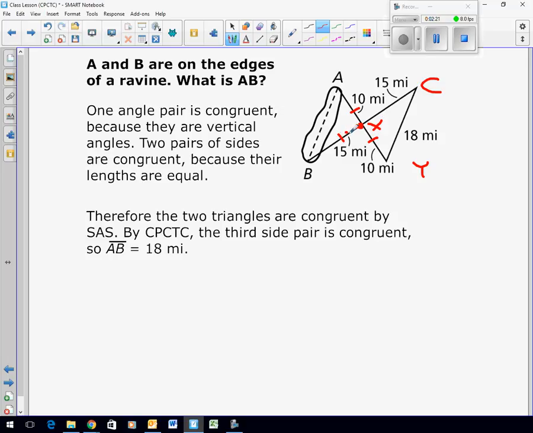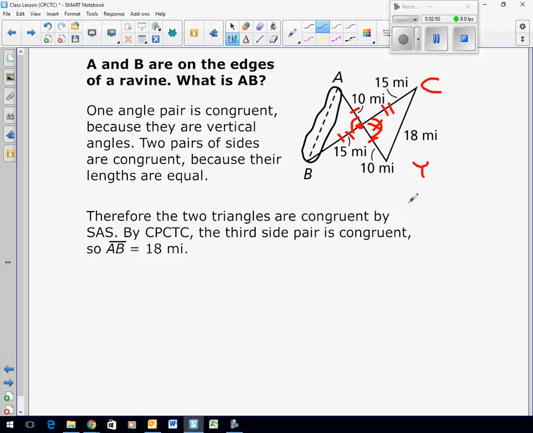Why? They're both how much? 15. Thank you. Why are these angles congruent to each other? Vertical angles are congruent. How is triangle AXB congruent to triangle YXC?